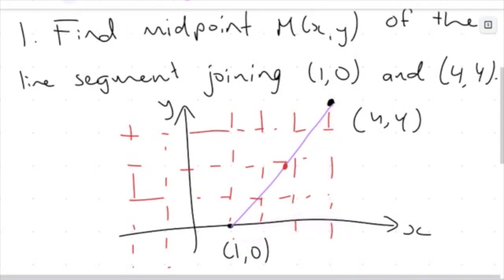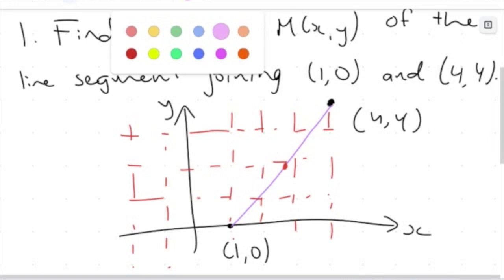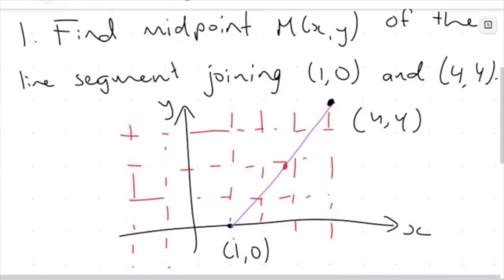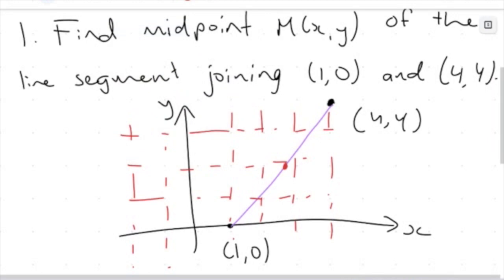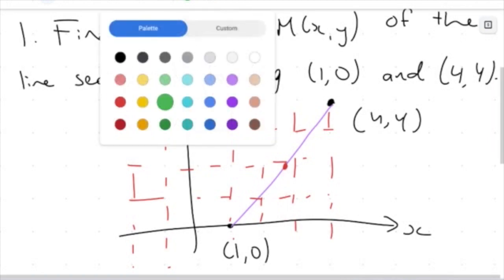Now, just to get you guys thinking about this right now, we can kind of see that this midpoint, if we stretched it down to the x-axis, if I drew this little line, let's do it in another color, that would help. Let's do this in green.